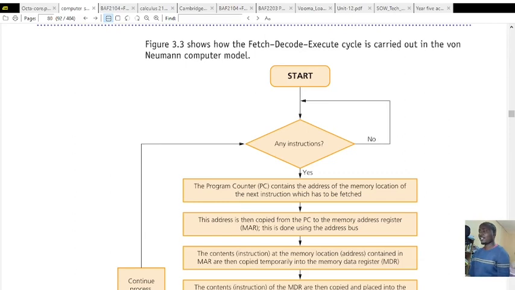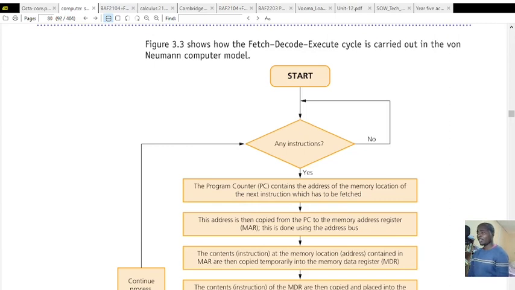The content instruction of the MDR is then copied and placed into the current instruction register. The value of the program counter is increased by 1. Now it points to the next instruction and next data to be fetched.